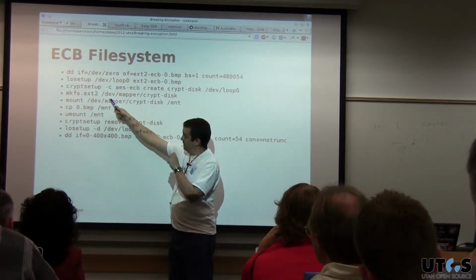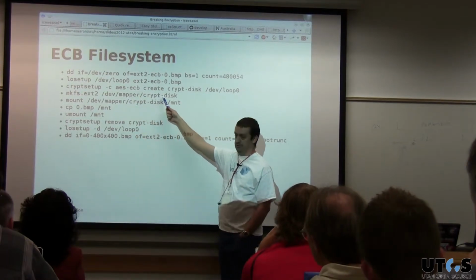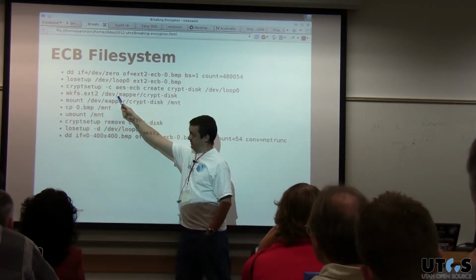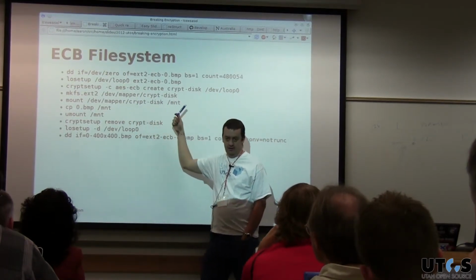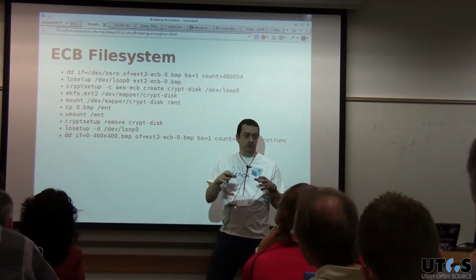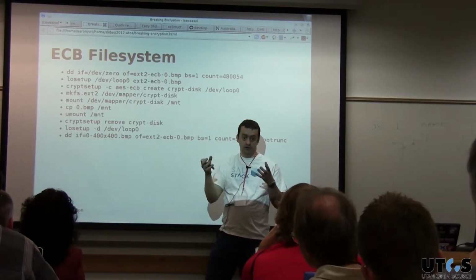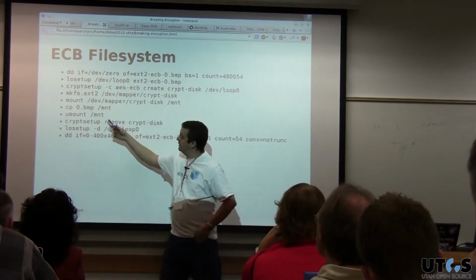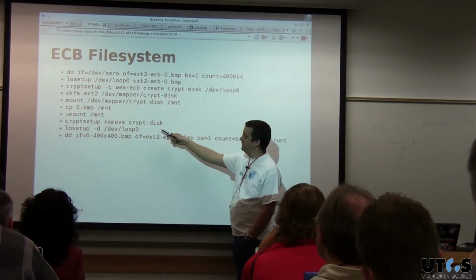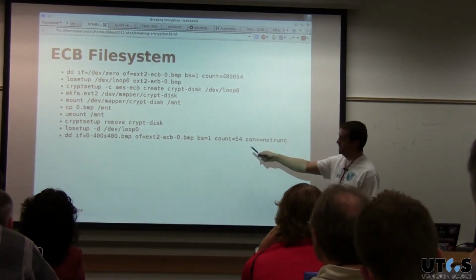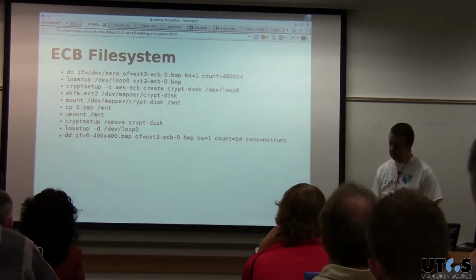So when I format, I'm going to be formatting /dev/mapper/cryptdisk. Okay? This is the cryptographic device that is inside of my encrypted partition, if you like. Mount it, copy it over, unmount, remove the cryptdisk, remove the block device, apply the bitmap header.